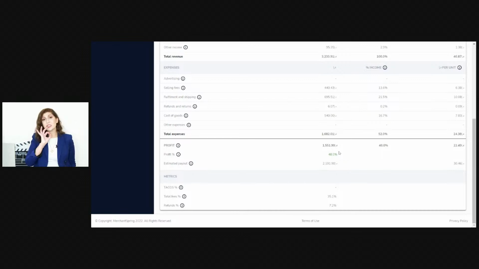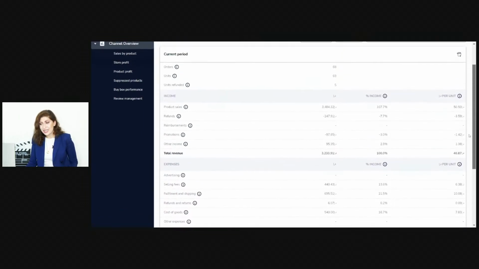And this, again, is for your whole store. So this demo account made 48% in profit, which is not bad at all for the whole store. But obviously, unless you're selling only one product, the store and the product profit are not going to look the same.